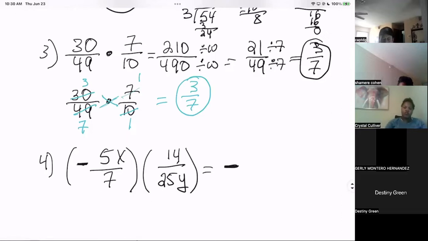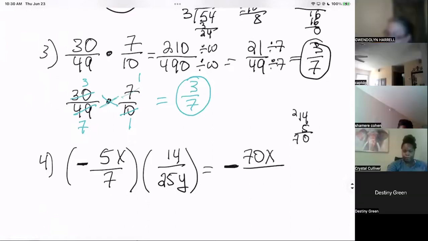So let's multiply across. I have 5x times 14. So 14 times 5 is 70, and the x just comes with it, because 5x times 14 is going to be 70x. And now I'm going to multiply my denominator.